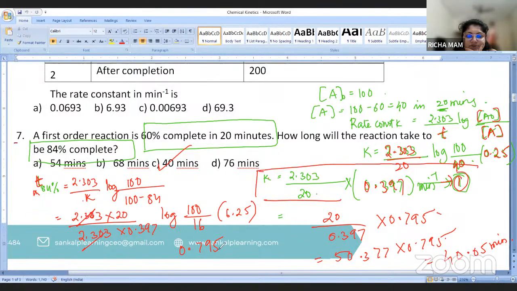After substituting we get 20 by 0.397 into 0.795, which is 50 into this, and finally we get 40. Like that we get the answer. Very, very important. I hope this is clear. Very simple, just don't get confused.